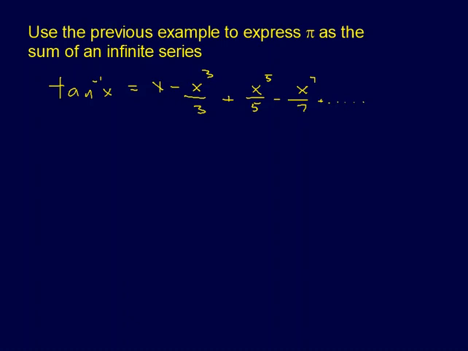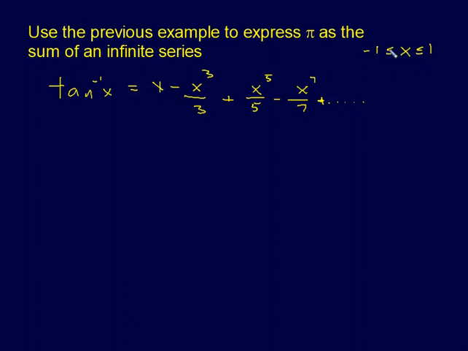Now, the challenge here is we're told we're going to express the number pi as the sum of an infinite series. Well, how are we going to use the fact that I know what the inverse tangent of x is, this power series right here? Well, note that in the previous slide, it was shown that the interval of convergence here is any number between -1 and +1, including those endpoints.